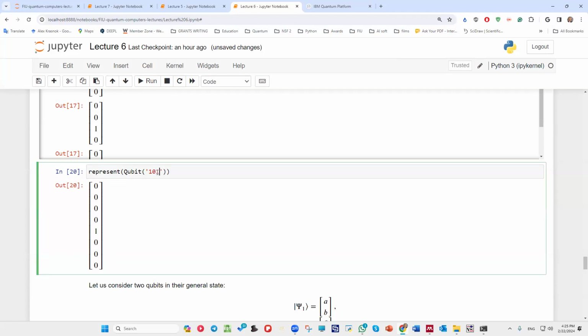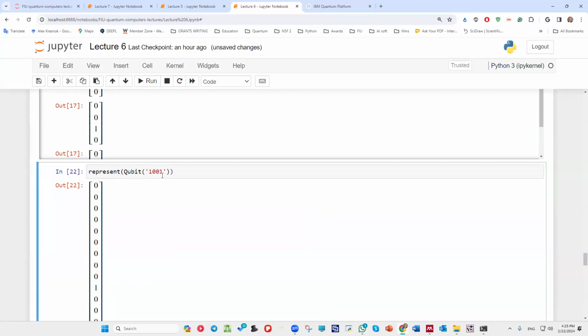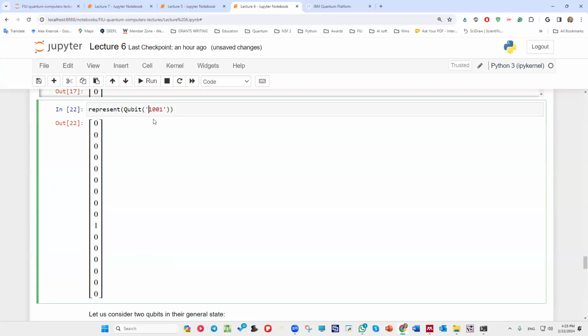And adding more qubits to the system generates a vector with a larger dimension, right?